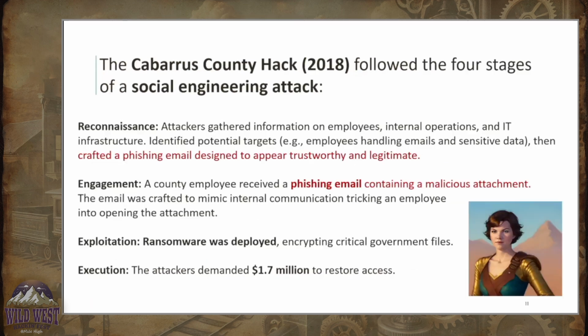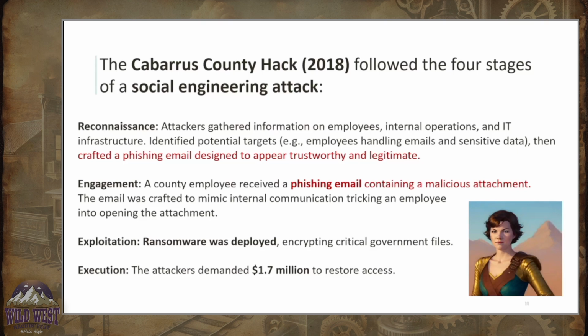And I will use the Cabarrus County hack to explain those phases again. In the reconnaissance phase, the attackers gathered information on employees, internal operations, and the IT infrastructure. They identified potential targets, like employees handling emails and sensitive data, then crafted a phishing email designed to appear trustworthy and legitimate.